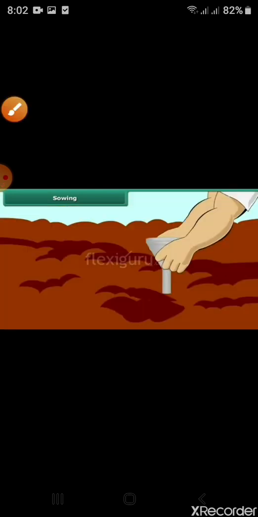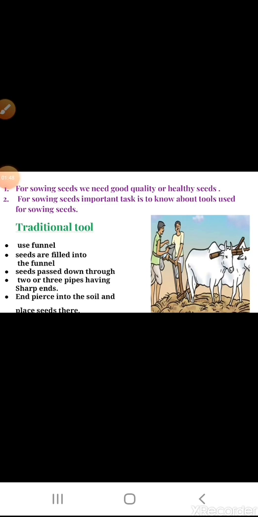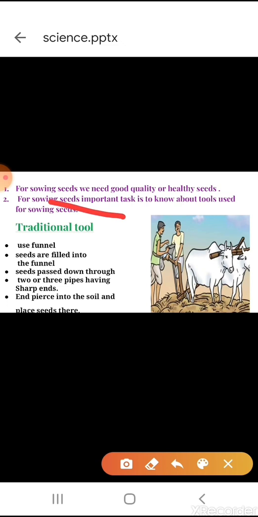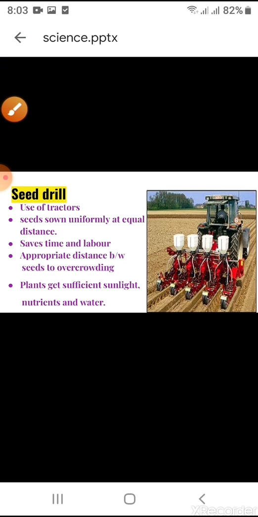Children, this type of traditional tool has a few disadvantages. First disadvantage is overcrowding. When the farmer is putting seeds inside the funnel, seeds are pushed into the soil together, so overcrowding of seeds one upon the other happens. Proper distance is not maintained between two seeds. So these are the disadvantages of the traditional tool.